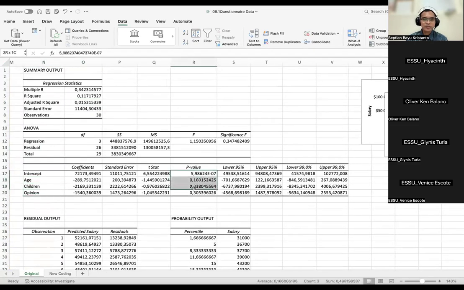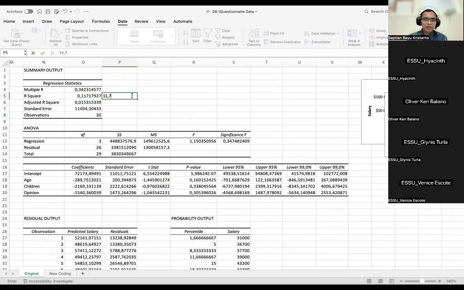From this p-value, we found that age is very dominant here. There is a moderate relationship between the age and the salary. We have the R square here, which means that we have 11.71%.